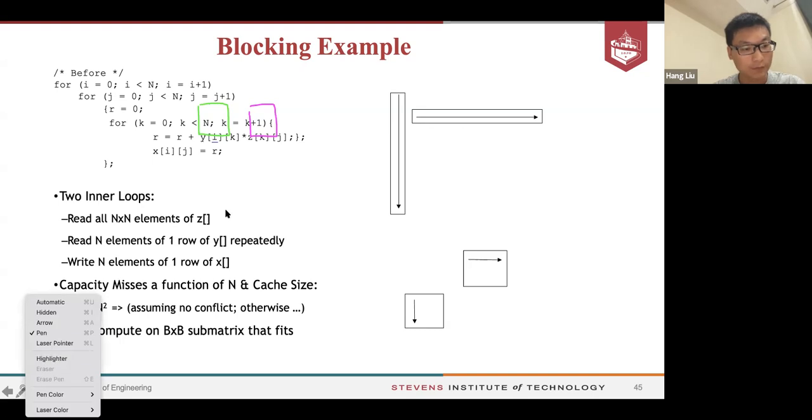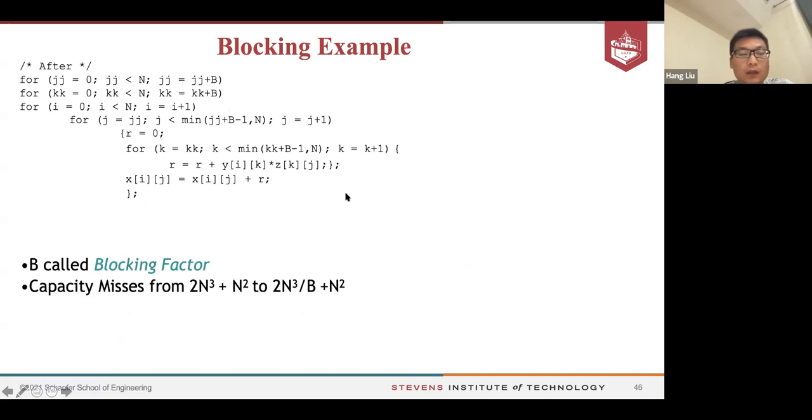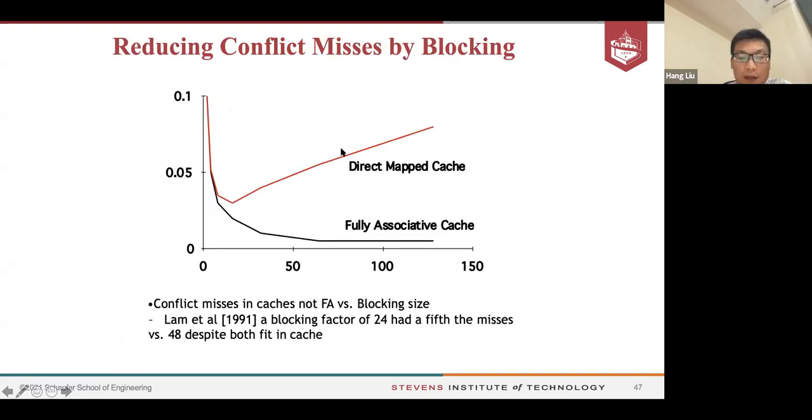Okay, I guess I have to move on. Blocking example. All right, so this is the blocking example. How do we do it? Tuning the blocking size can also be very complicated. Reducing conflict misses by blocking, right?